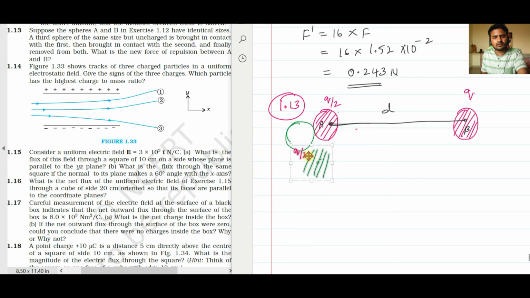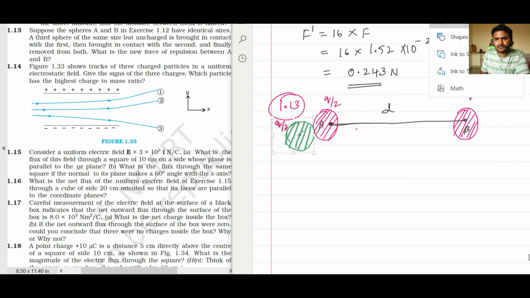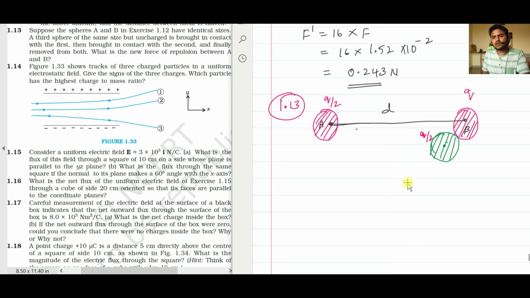Now I'll take that and touch it with the second sphere. So when I touch that, what will happen? The total charge q and q by 2 will get equally distributed between both of them.